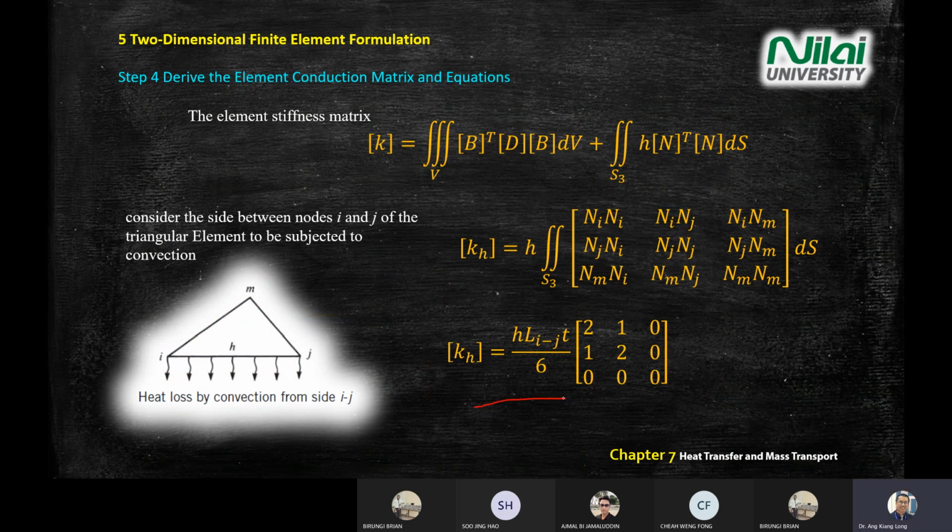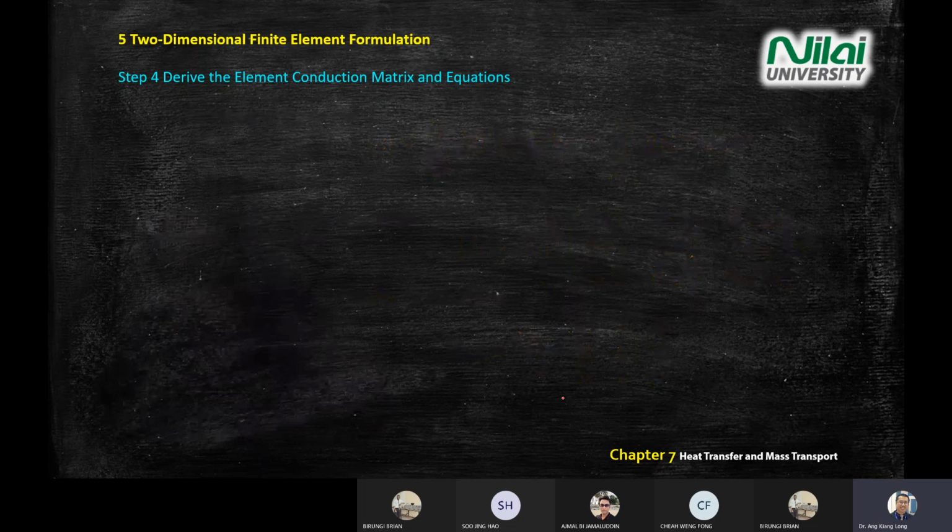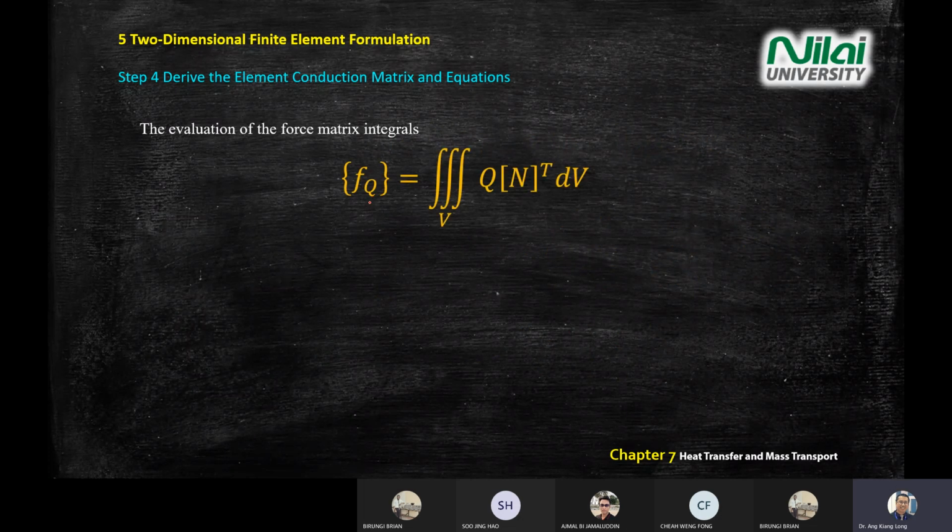Okay, so what is important? This one. Then number 4, you just combine. Number 4, you find the forces again. The forces are also given by one equation, which is this one.